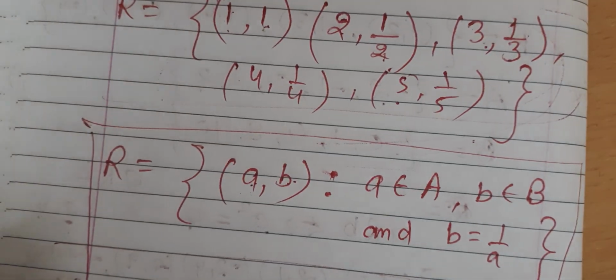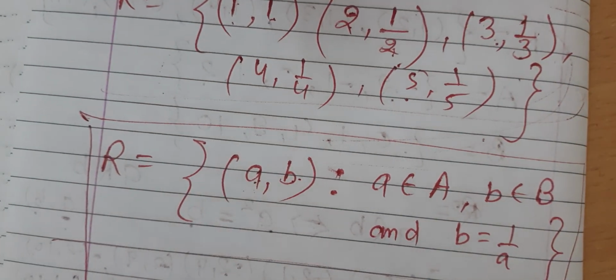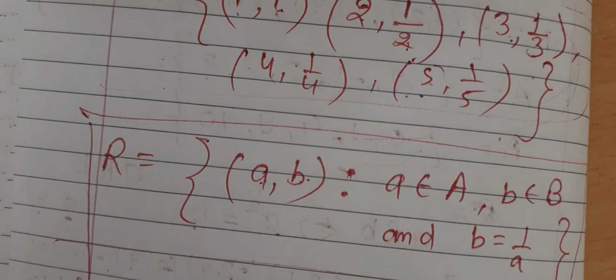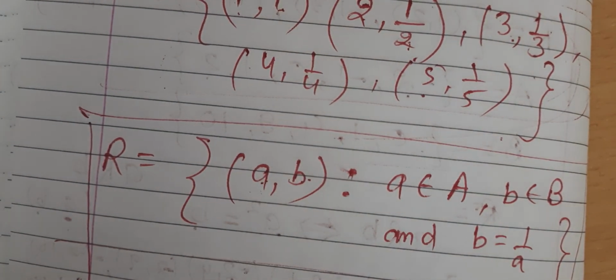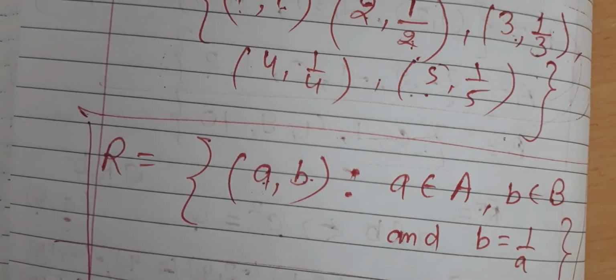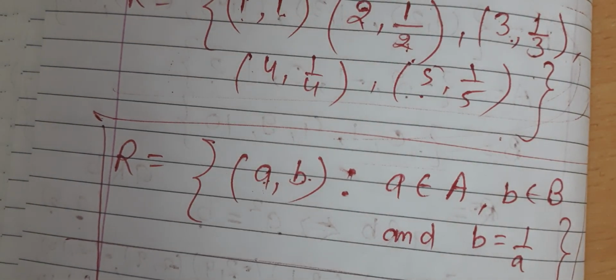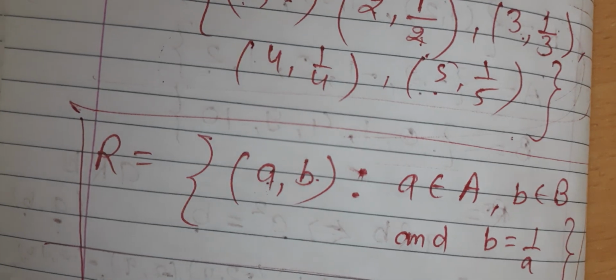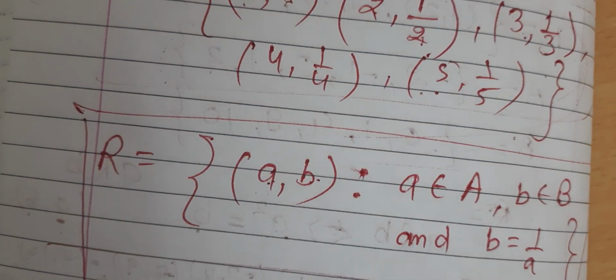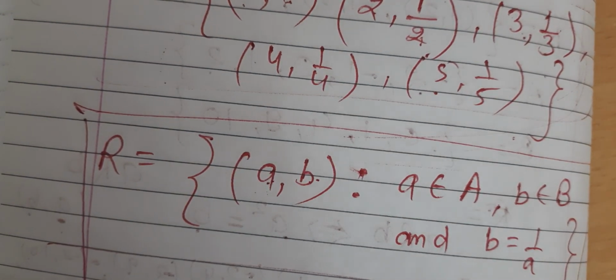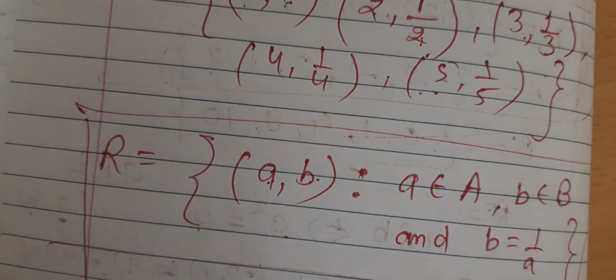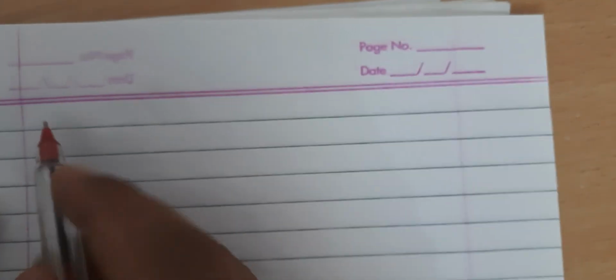Okay, so one set we can write in roster form as well as in set builder form, but it is not possible to express every relation from set A to B in set builder form. I want to give an example.